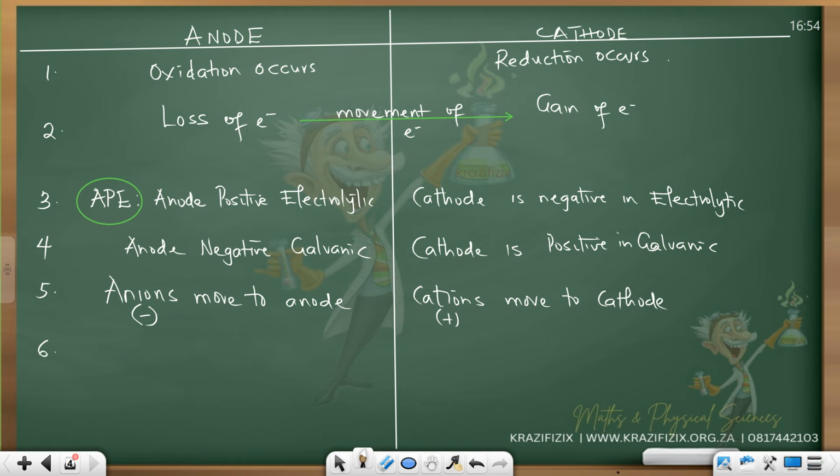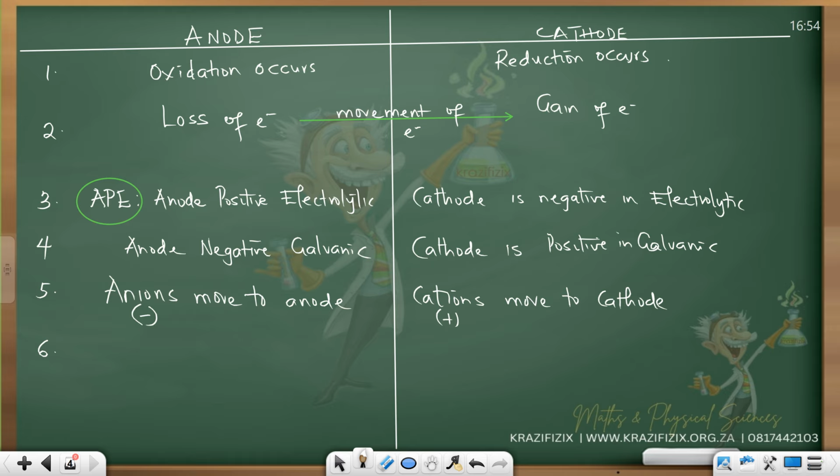Number 6. What do you remember? Guys, someone is gaining electrons. If you are gaining, we said gain of electrons. What happens when you gain? Increase in size.